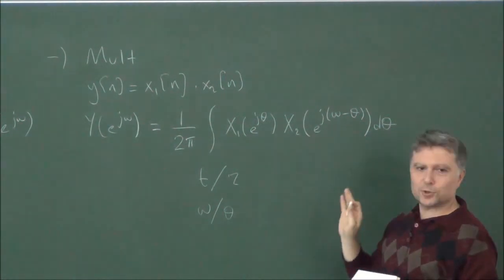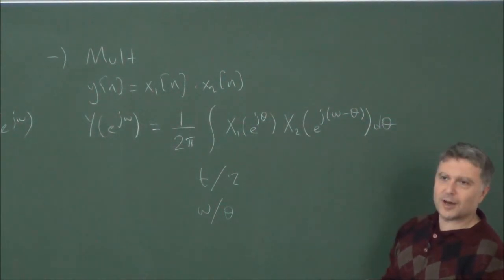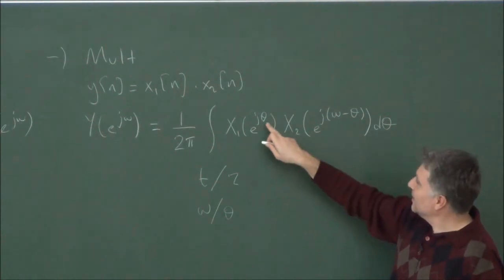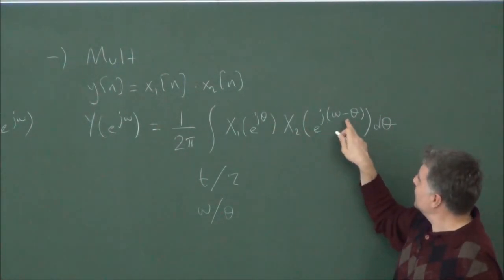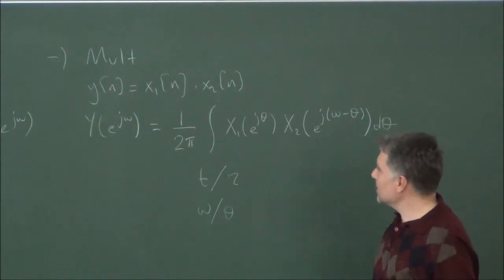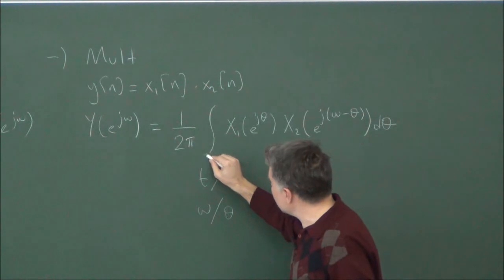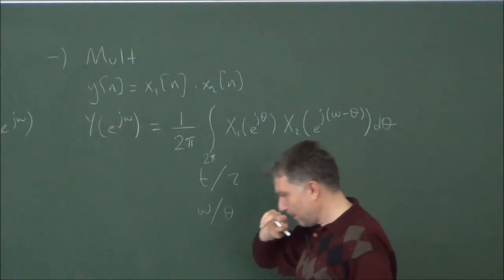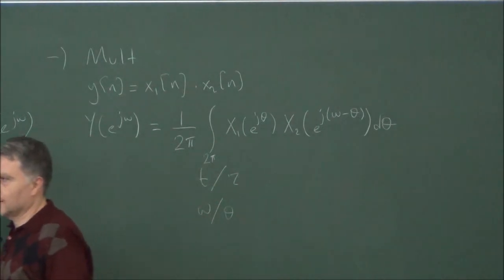So this is the convolution, but it looks unfamiliar. But it is. Theta is tau, omega minus theta is t minus tau, d tau is d theta. So this is the convolution, but the convolution is now in a duration of 2 pi. And that is the critical thing.